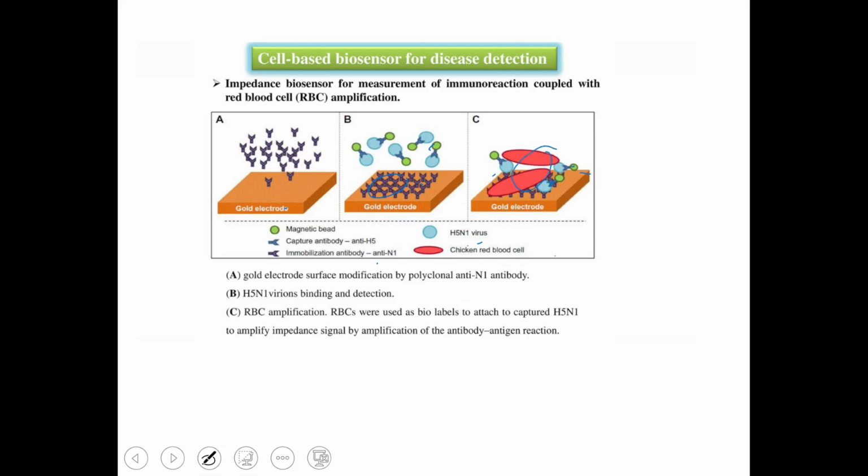Okay, so gold electrode surface modification, H5N1 virus binding and detection, RBC amplification. RBCs are used as a biolabel to detect and capture these cells, because they are present in the blood only. So we have to take the RBC and then check.